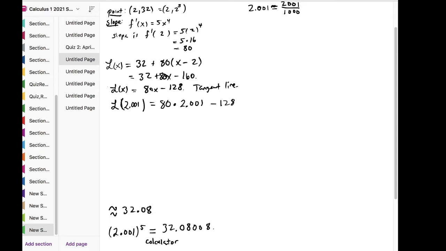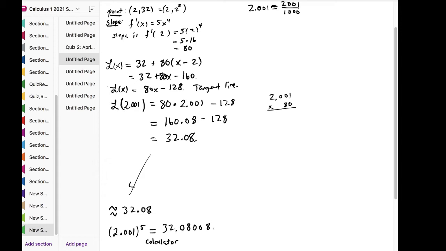Yeah, can you do 80 times 2.001? I don't want to do all that multiplication. Probably not too bad. 160.08. Okay, yeah, that's a lot easier. And then, oh, so this one is 32.08. Okay. Cool. Yeah, thank you.